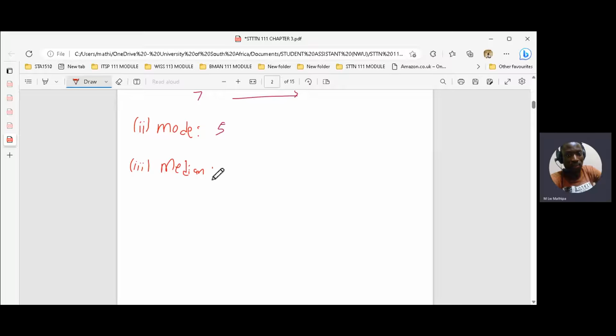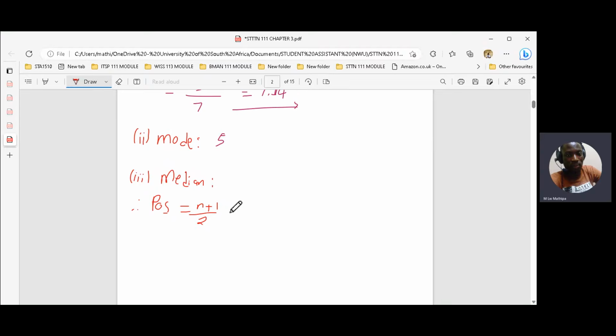The position of the median is equal to n plus 1 divided by 2. This is the formula that we are going to apply.